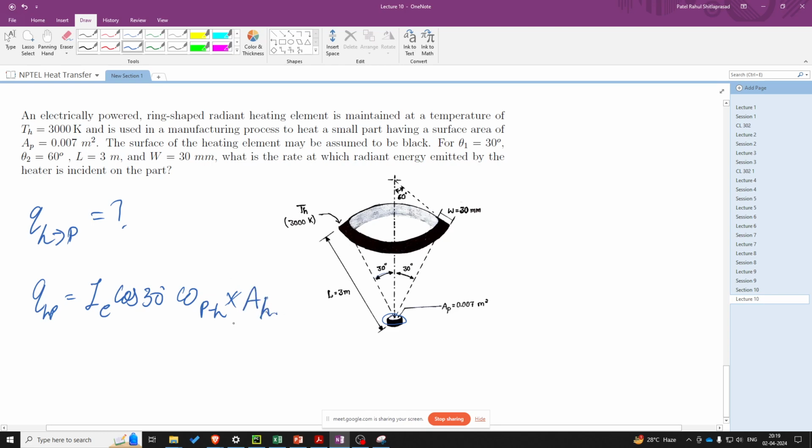So this area of the heater we need to find, and omega P2H we need to find. We already know that omega P2H is the area of the part.